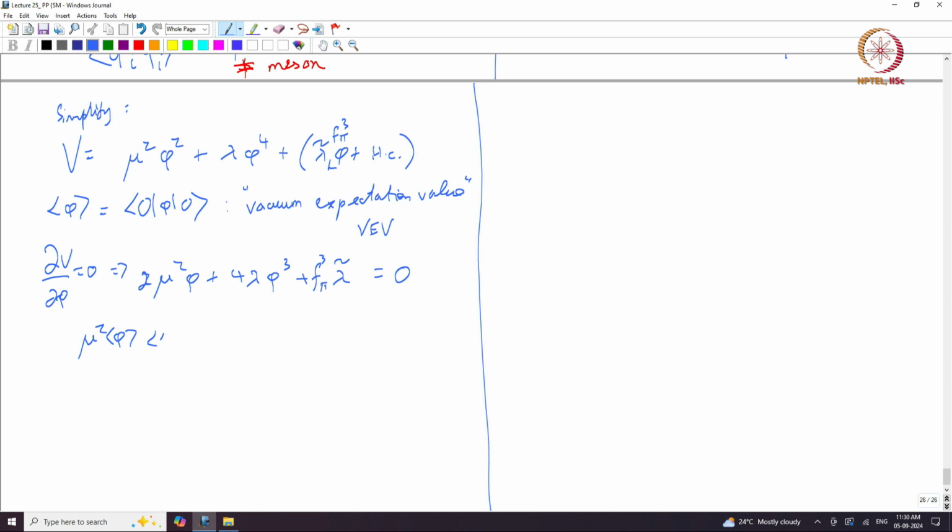So imagine I am in this limit where mu squared phi at the minimum is much smaller than f pi cubed. So what happens? I can now neglect the first term, and that means I am left with only this as the condition to be put into the minimum condition, and I would get the vacuum expectation value.